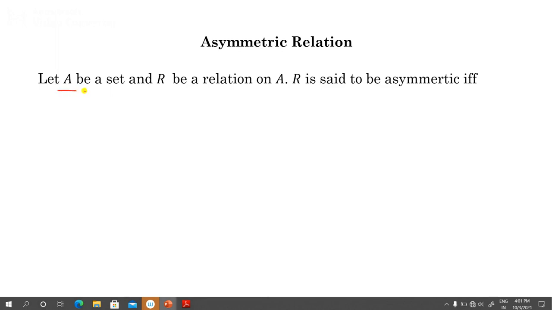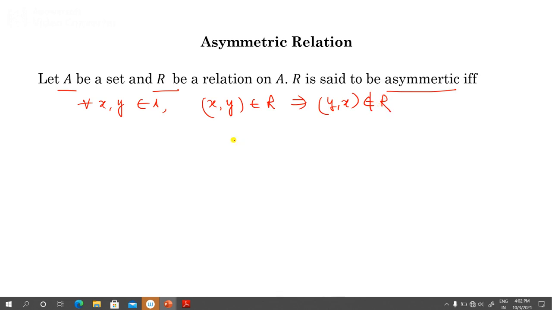Now, asymmetric relation. Again, the set is suppose A and R is a relation defined on A. This relation R is said to be asymmetric if for all x, y belongs to A, (x, y) belongs to R implies (y, x) does not belong to R. Now look at this.